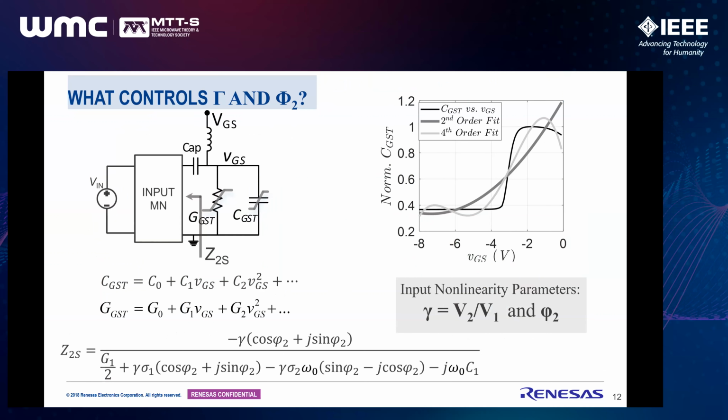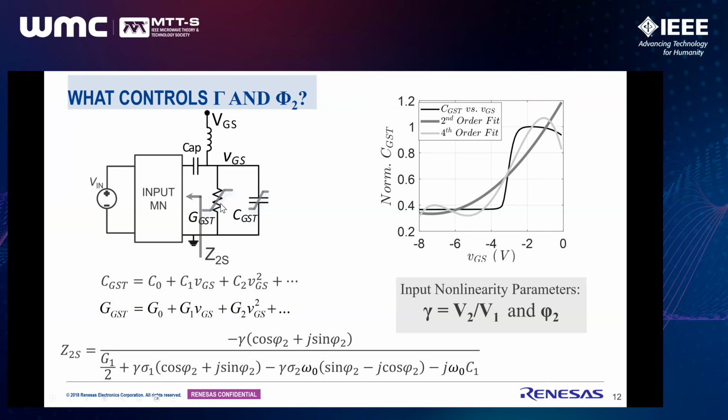Now the point is, we understood what happens when input nonlinearity is there. When input voltage gets shaped, it directly impacts the efficiency performance of the device. Now the point is, how can we ensure what kind of termination of second harmonic can do what? So we need to correlate the second harmonic impedance termination to this gamma and phi2.